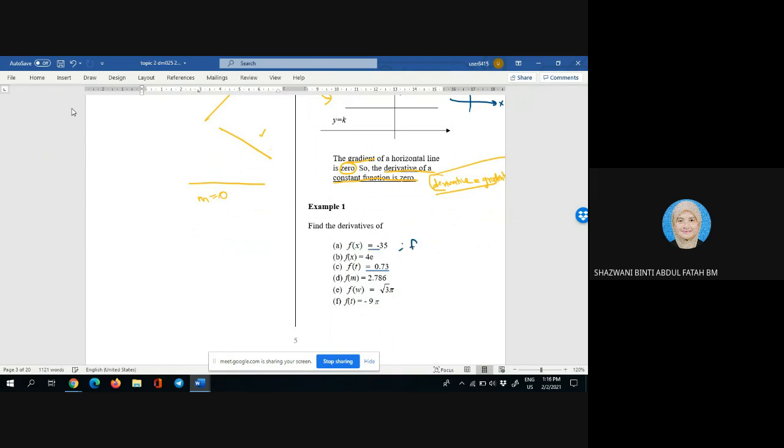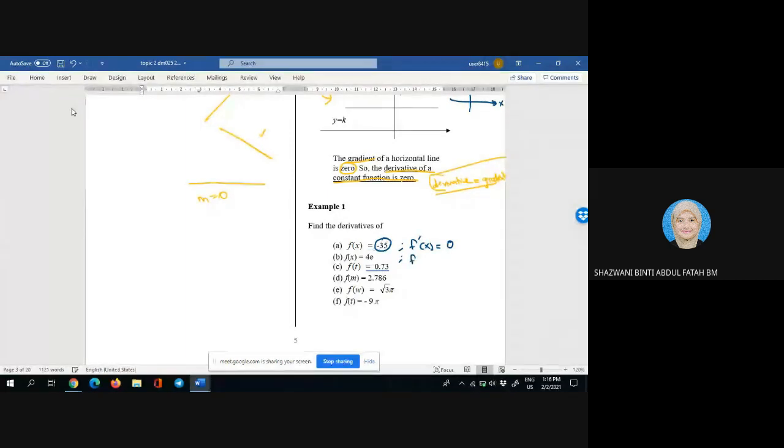So dia punya derivative, f prime x equals apa? 0. Okay, because negative 35 is just a constant, hanya nombor, dia tak ada x belakang dia.